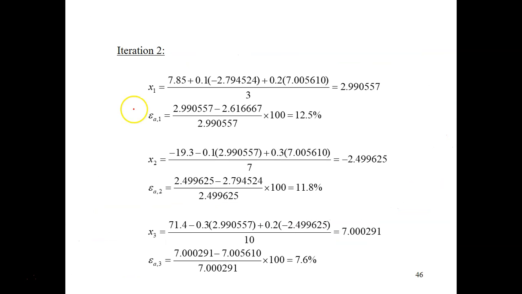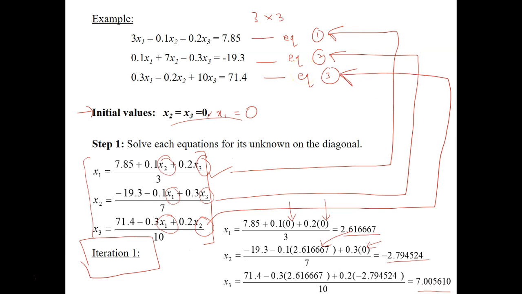Next is iteration 2. So this is again the formula to calculate your x1, the formula to calculate your x2, and the formula to calculate your x3. So now you have all the new values. So this is x2 and x3, the new values from here just now.